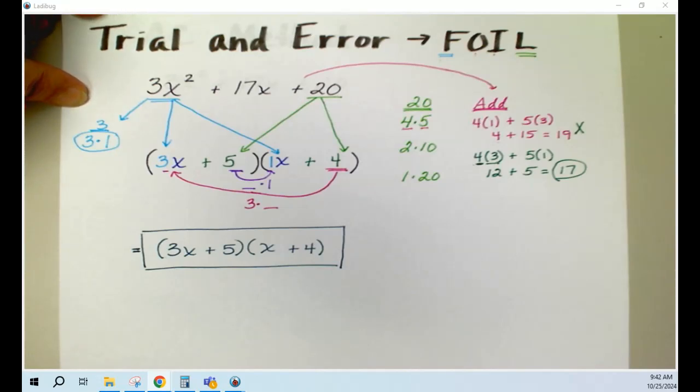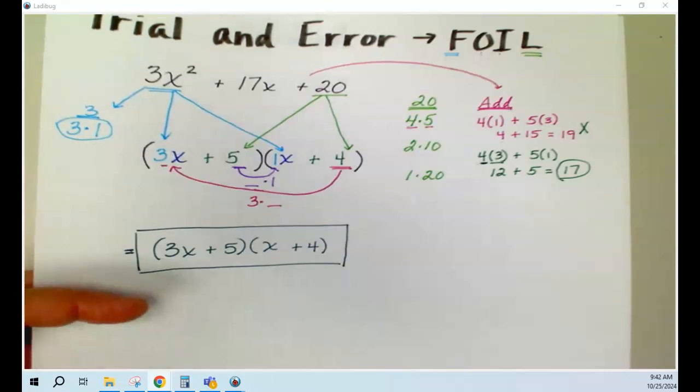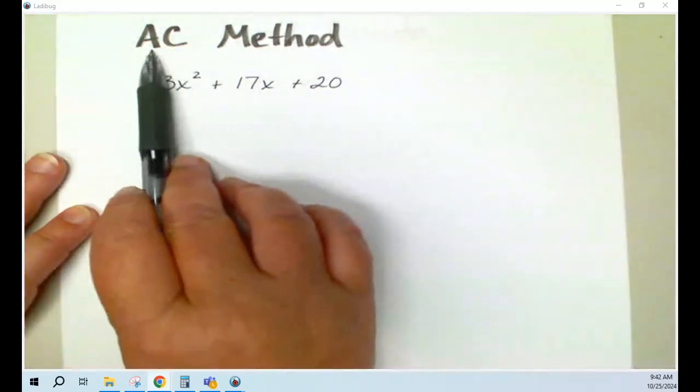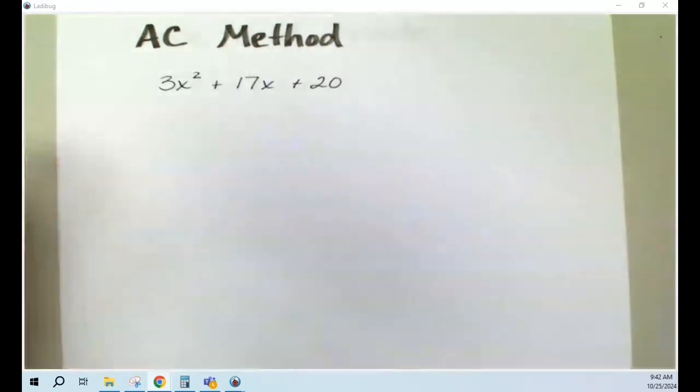Okay, let's look at another method, but we are going to use the same problem, so that way you can see how it varies, how it's going to look for a problem whenever you change the methods. So this next method that we're going to use is what's referred to as the AC method.